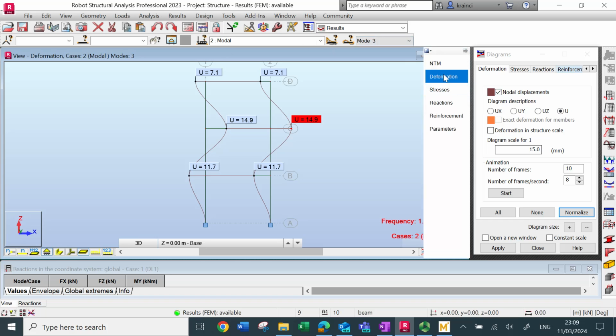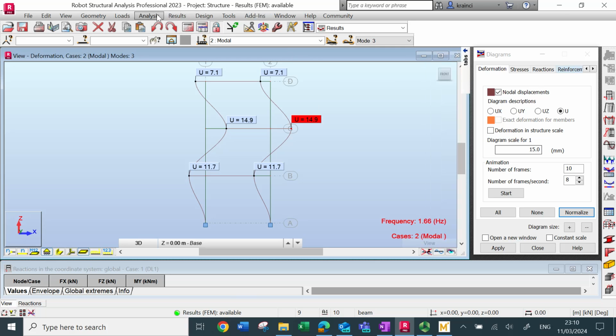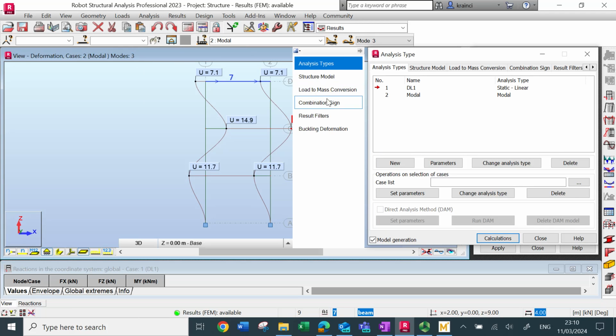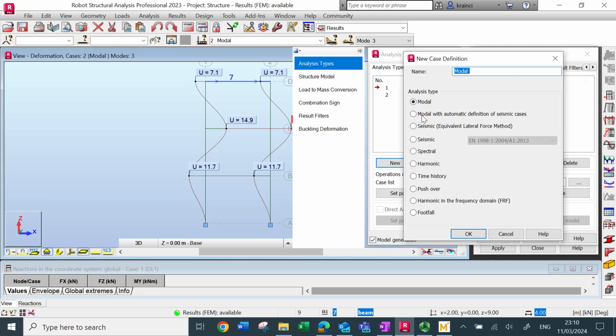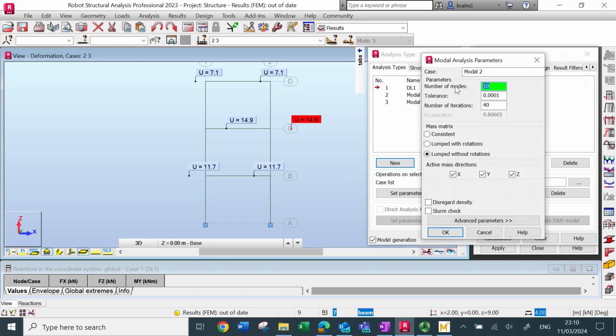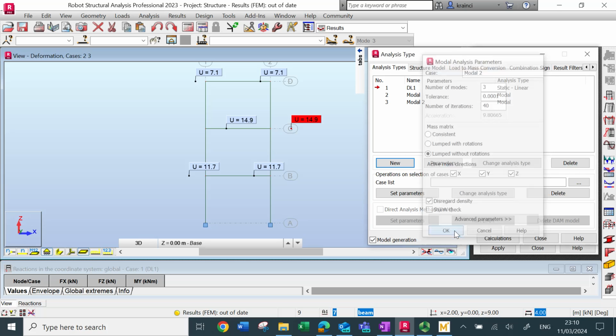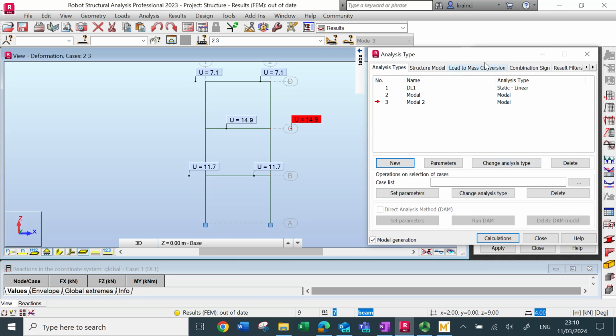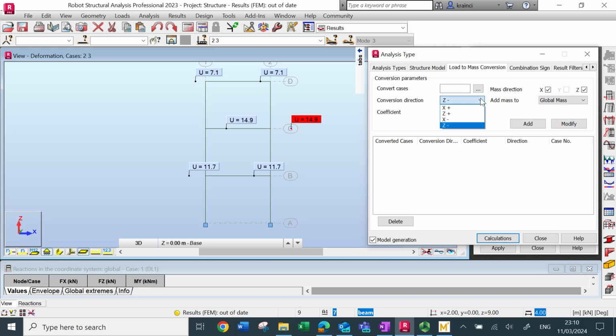We can also do the analysis by using the dead load. If you had dead and live load, then we can do the new analysis. And let's call it new model, and I'll call it model 2. And now for this one, I'll also put 3 modes, but I will disregard the density. And now I will do the load to mass conversion.